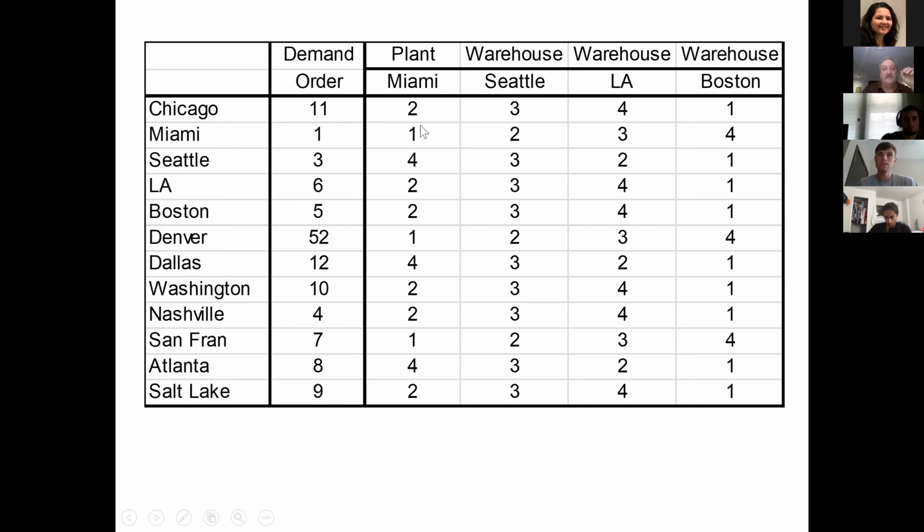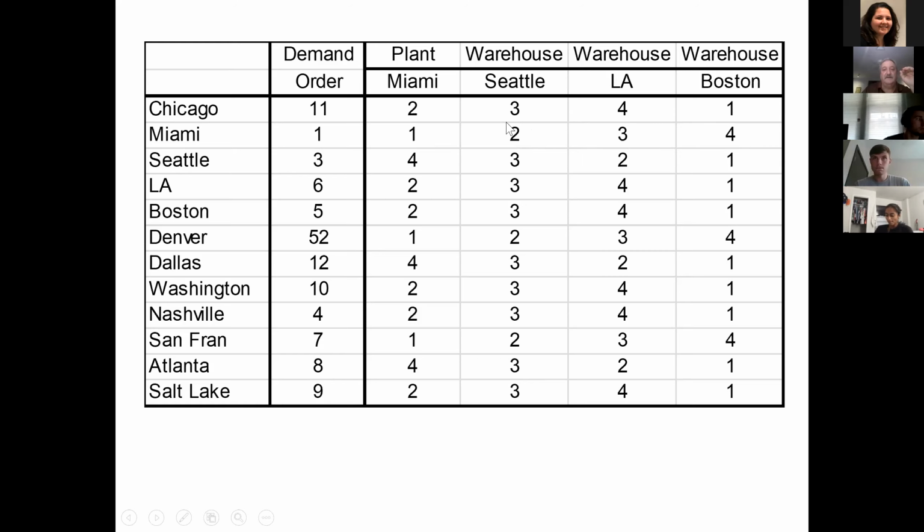And what this says is, where do I prefer to fill my demand in Miami from? I prefer to fill my demand in Miami first from my plant in Miami. But if I have no units left over in my plant in Miami, then I'll use units in my warehouse in Seattle. And if there aren't any there, then I go to my warehouse in LA, and finally my warehouse in Boston.